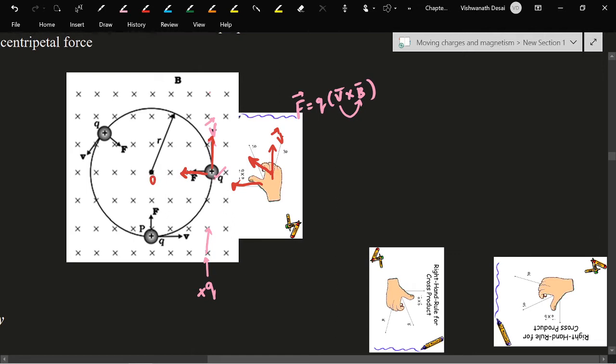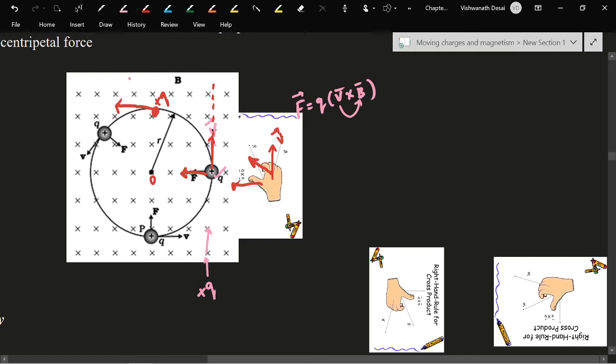Now this charge came somewhere here because of this particular force. The charge, instead of going straight, comes somewhere here, right? So this plus Q charge came here. Now the direction of velocity of this particle is somewhere here.